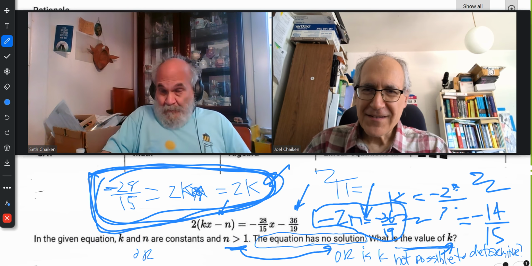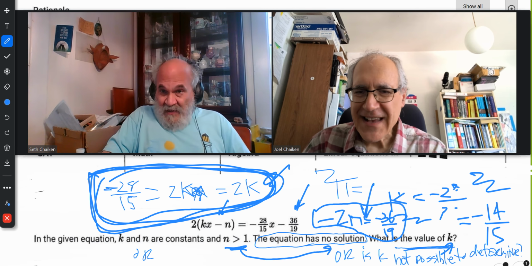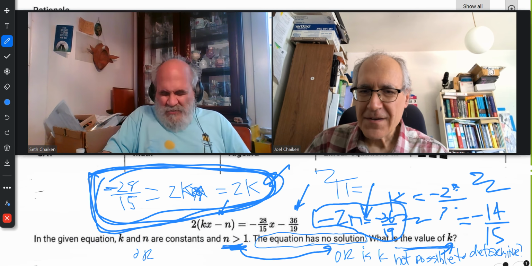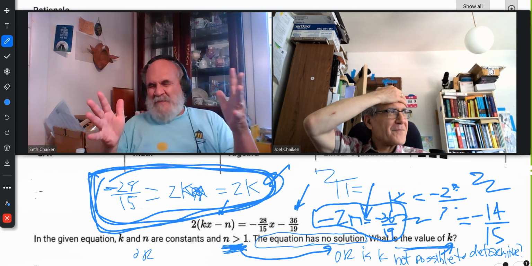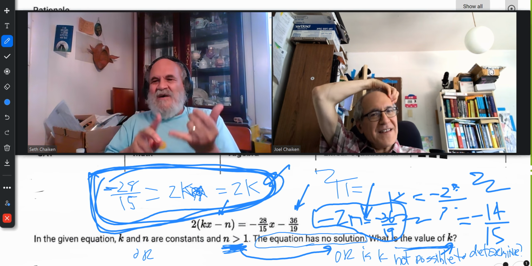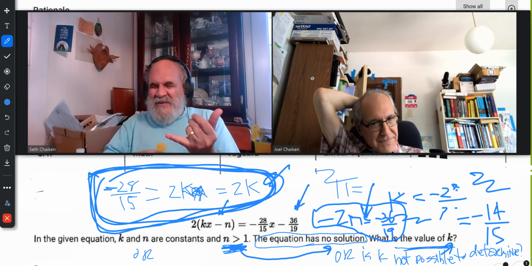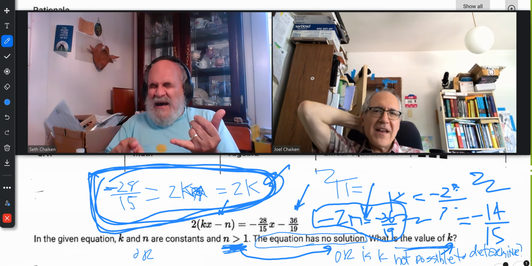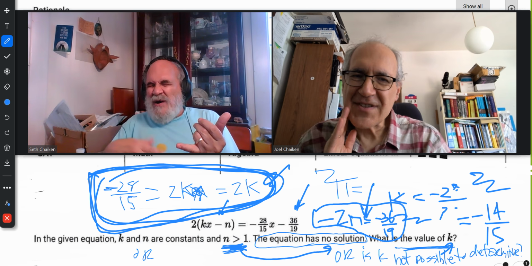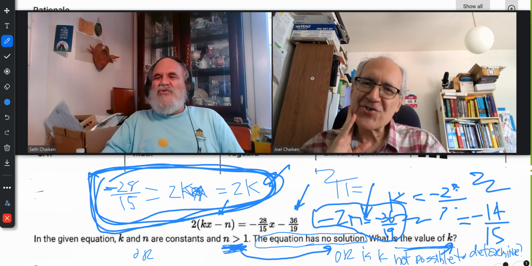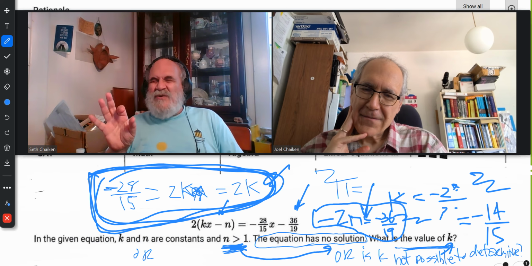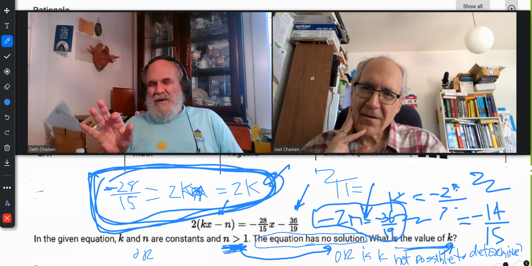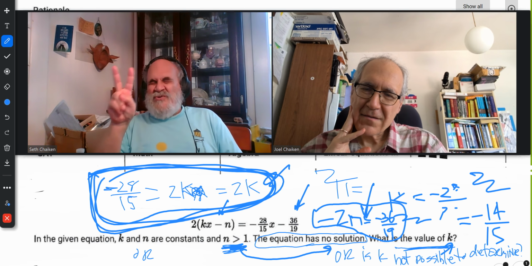You have to put the n is greater than 1 in. You say the equation has no solution, that implies k equals negative 14/15 and n is not equal to... Given that the equation has no solution, you could make two conclusions.